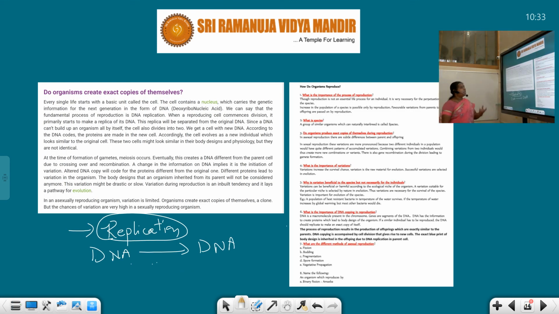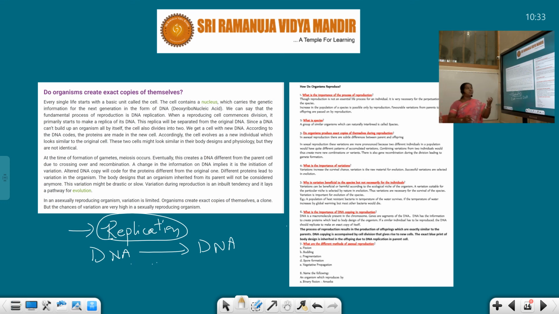The next important point: at the time of formation of gametes, meiosis occurs. Eventually this creates DNA different from the parent cell due to crossing over and recombination. A change in the formation of DNA implies the initiation of variation. Variations might be drastic or slow.